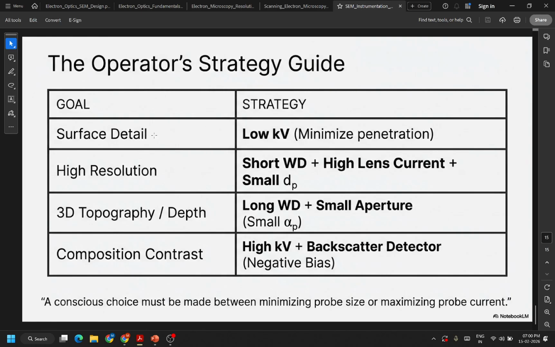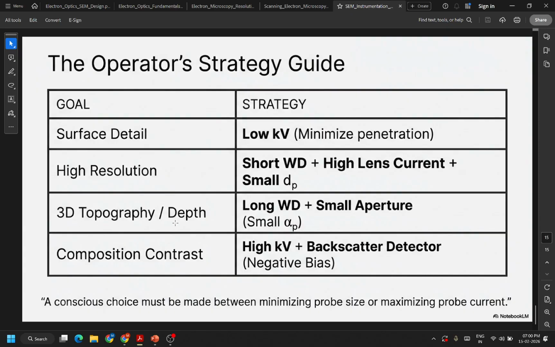So if your goal is surface detail, you should go for lower accelerating voltage to minimize penetration. For higher resolution, you should go for shorter working distance, high beam current, high condenser lens current, and smaller probe diameter, spot size.